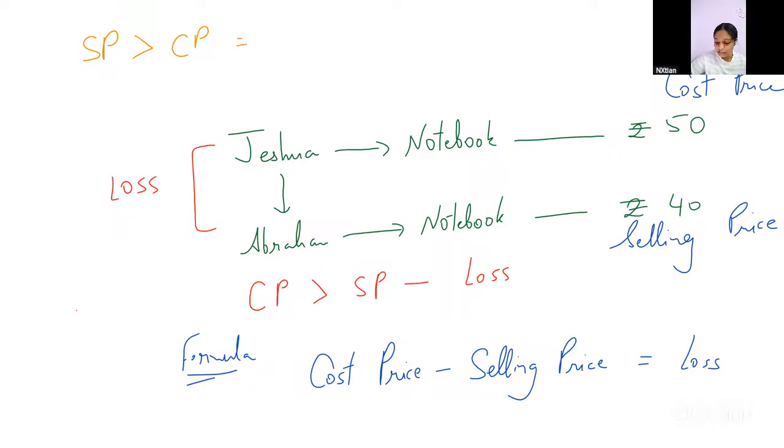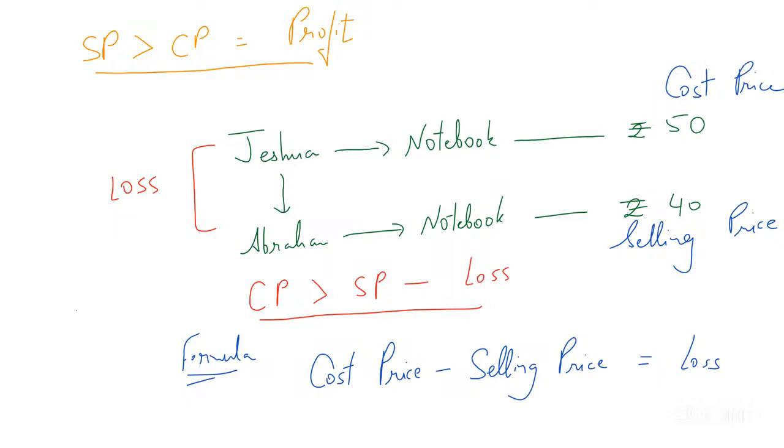When the selling price is bigger than the cost price, you have a profit, whereas when the cost price is bigger than the selling price, you have a loss. Understood? Any doubt on this topic of profit and loss? No? Please write this down.